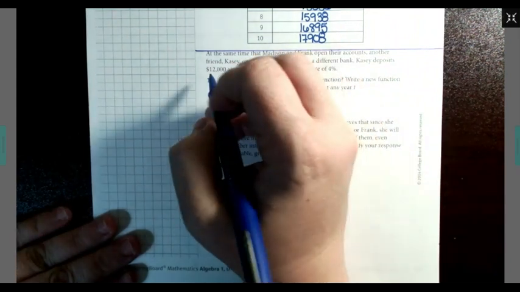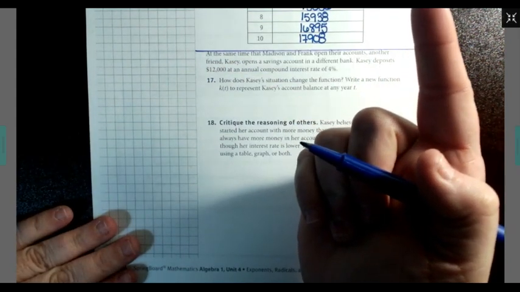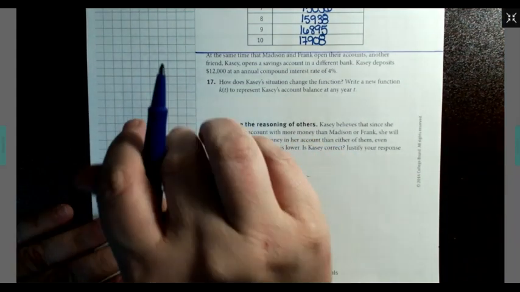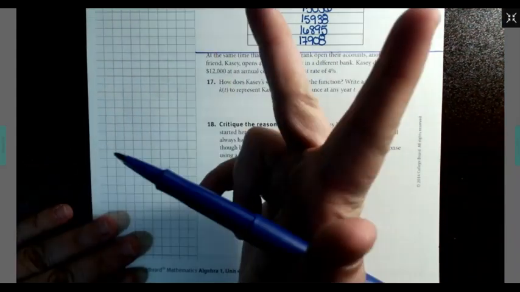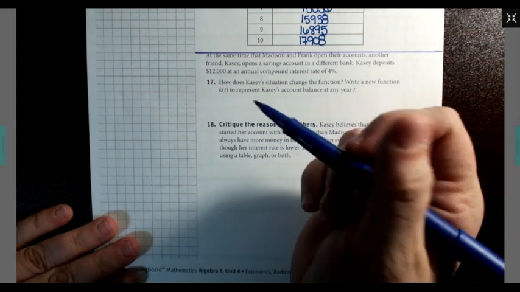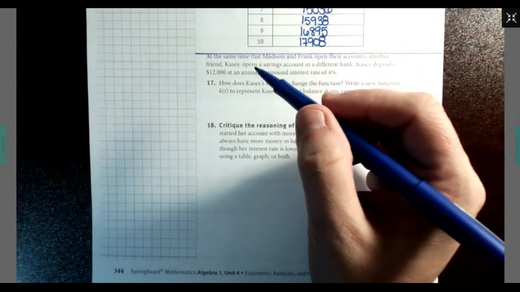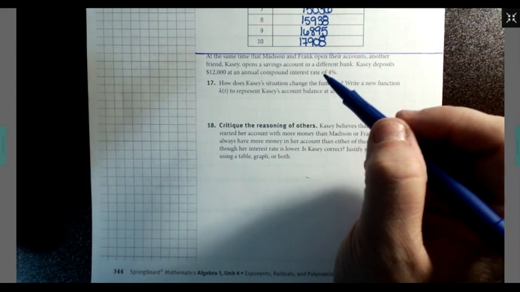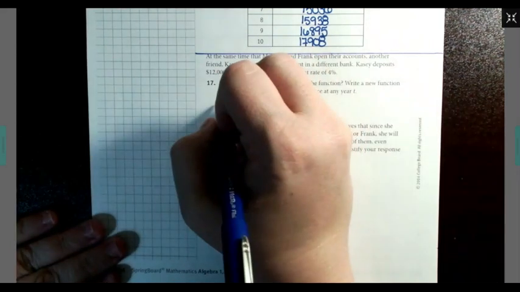Well, Casey's deposit is different. Is it higher or less than Frank and Madison's deposit, who was initially the same? Her deposit is higher, but her interest rate is lower than the other two.